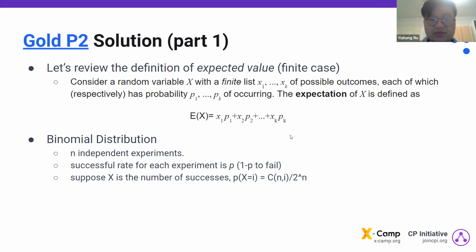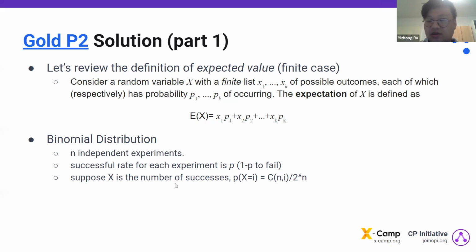So in this problem, we have the binomial distribution. That is, there are n independent experiments. In this problem, we have t test cases.